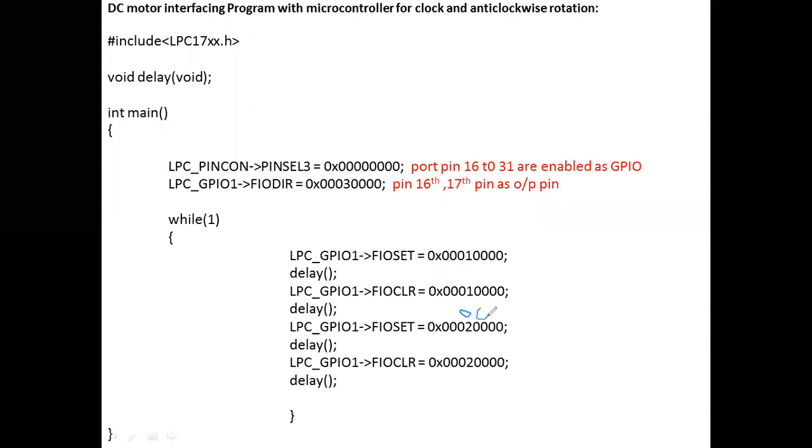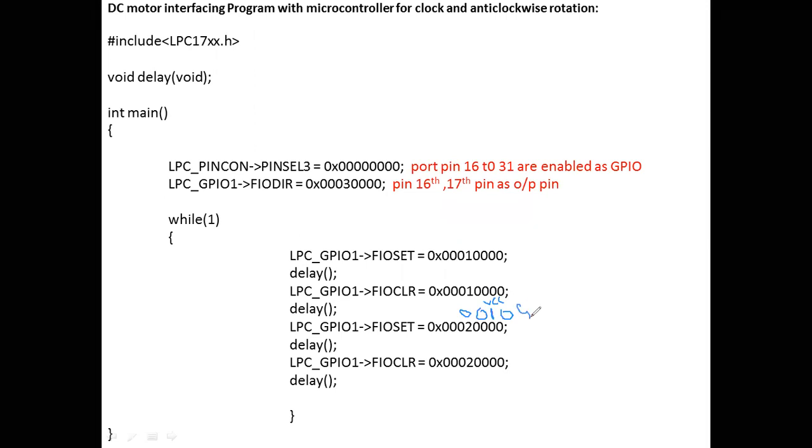Sorry if my handwriting is not nice. So this is your 16 pin, and this is your 17 pin. So the 17 pin is your VCC and the 16 pin is your ground.